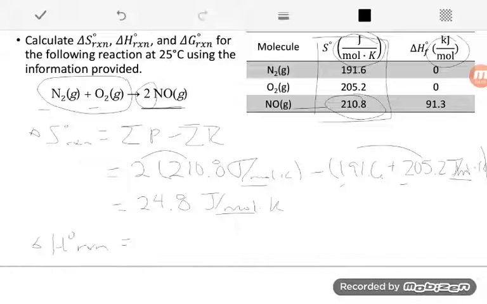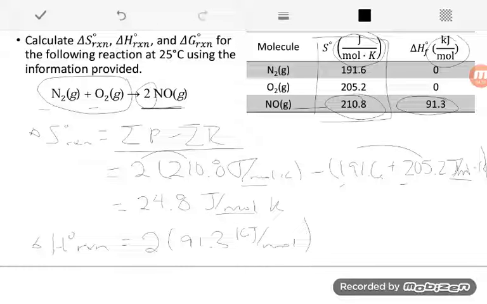for delta H. So again, we're going to use this idea of products minus reactants. So my product is NO. So that's going to be 91.3. So I remember 2 times 91.3 because I always use that stoichiometric coefficient. And now my units are kilojoules per mole. And now delta H is really easy.